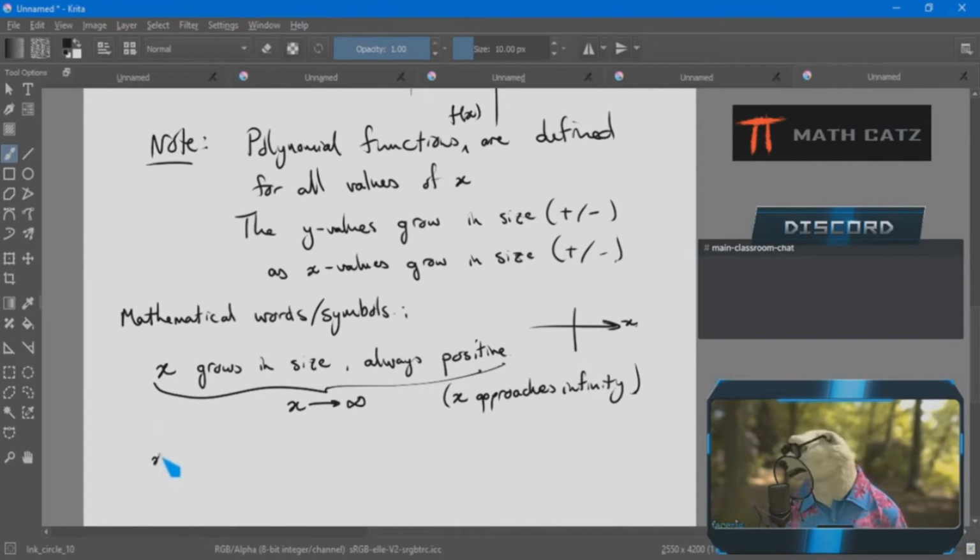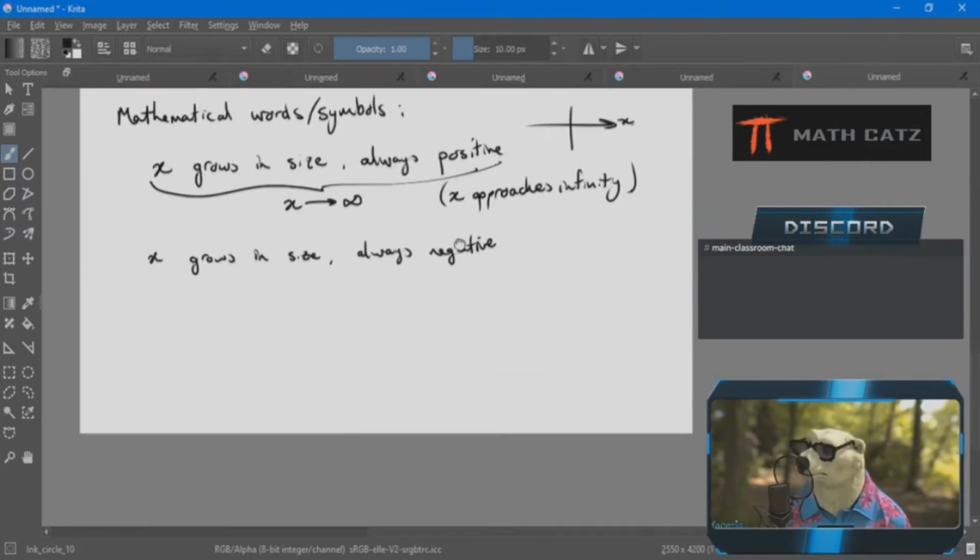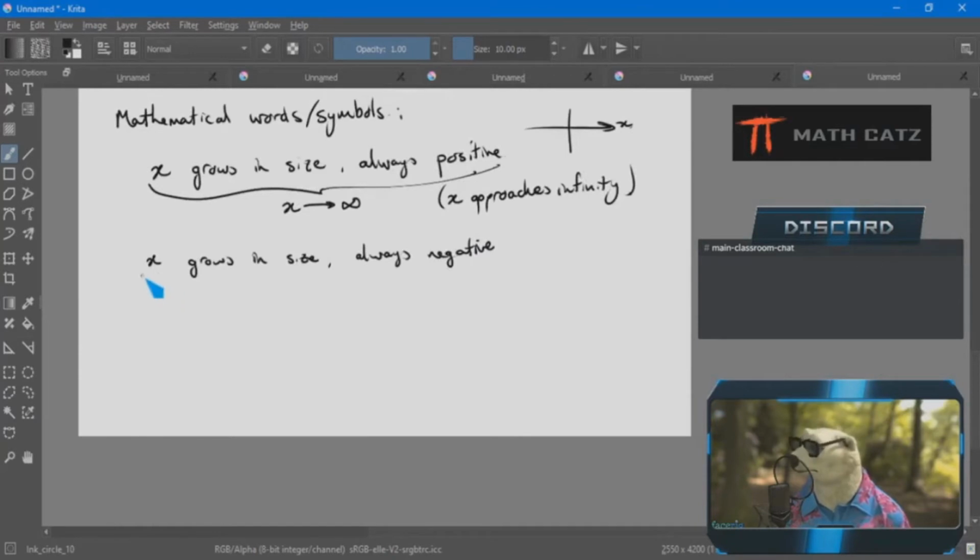Then, if I go in the opposite direction, the x values grow in size. If I look at the absolute value, then the size of the number, but always negative, I'm going to indicate that with x, of course, my variable name.